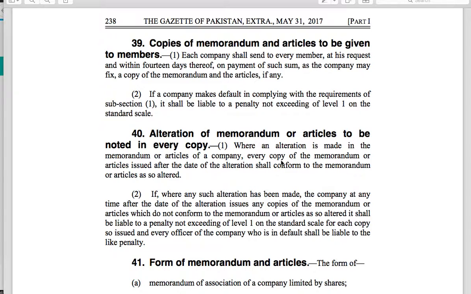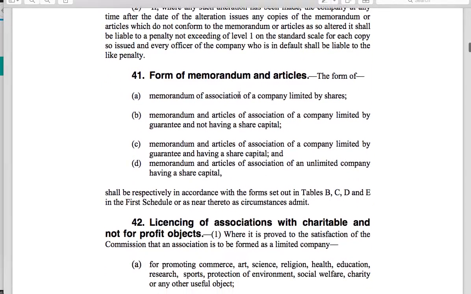The directors will call the meeting, the shareholders will give the permission, and they'll explain why they are changing. So these are all. Then copies and things like that, you can get hard copies from SECP by applying online on your e-services portal.